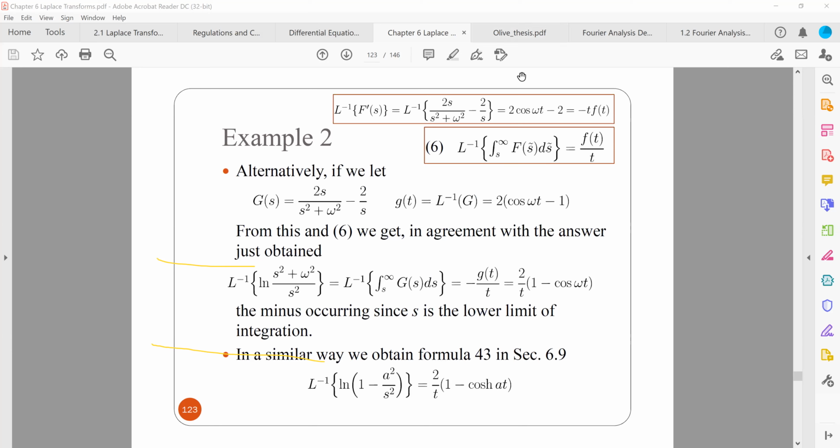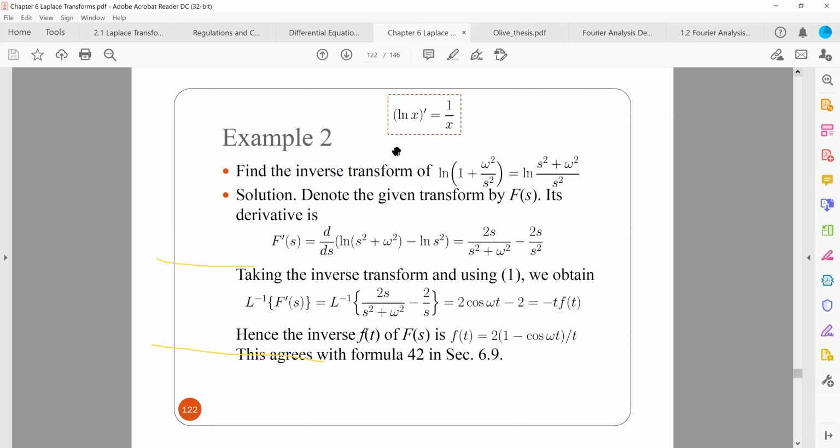If you simplify that ln and collect the like terms, such that you have s squared minus a squared over s squared, and you simplify ln, you'll have ln of s squared minus a squared minus ln of s squared, isn't it? Which is what is here.